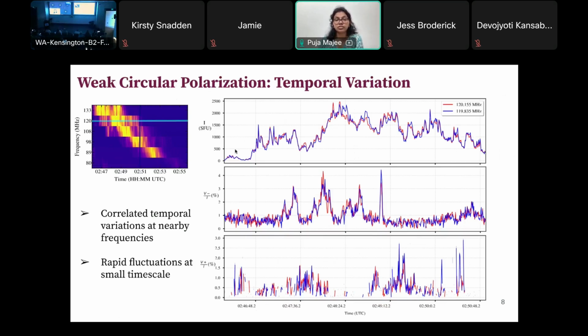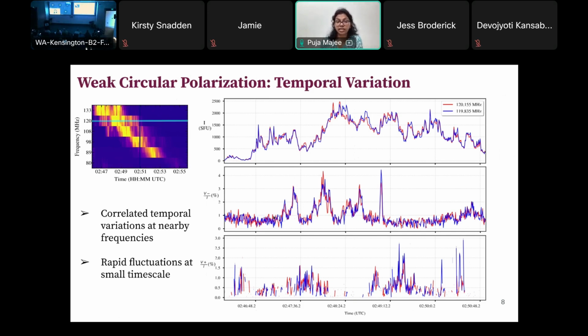This is for the Stokes I source. This is the polarization fraction for the negative polarity Stokes V source, and for the positive polarity V source. The two colors are nearby frequencies, so these are two lines representing two frequency stamps. The temporal variations at nearby frequencies are correlated.